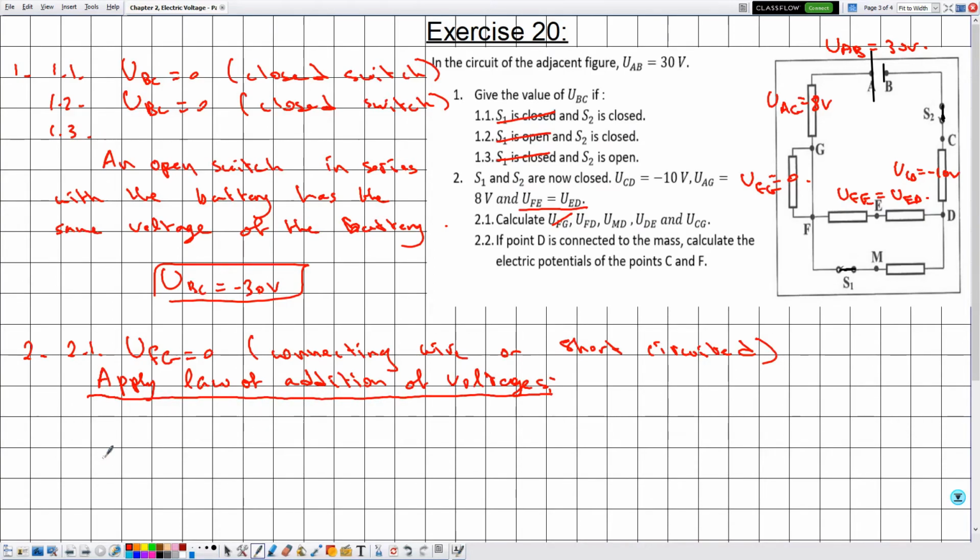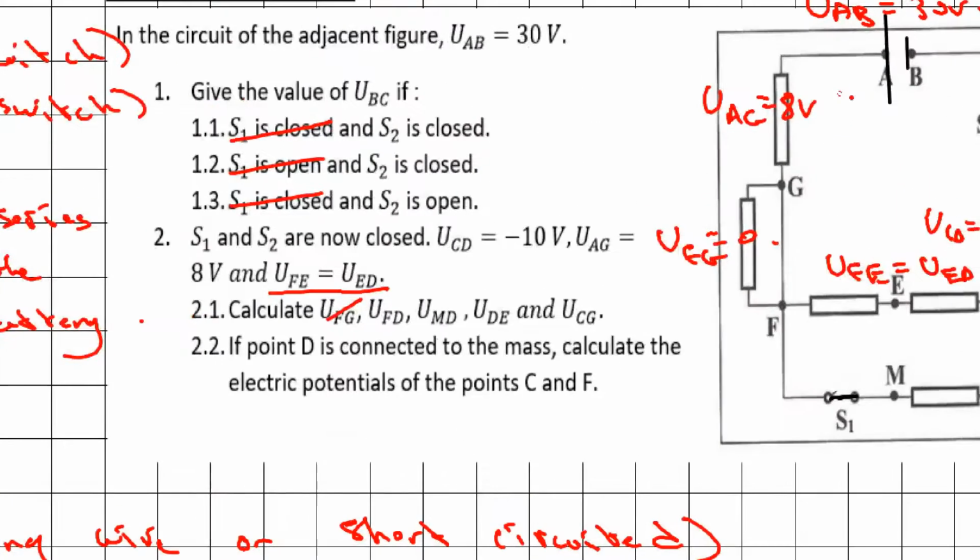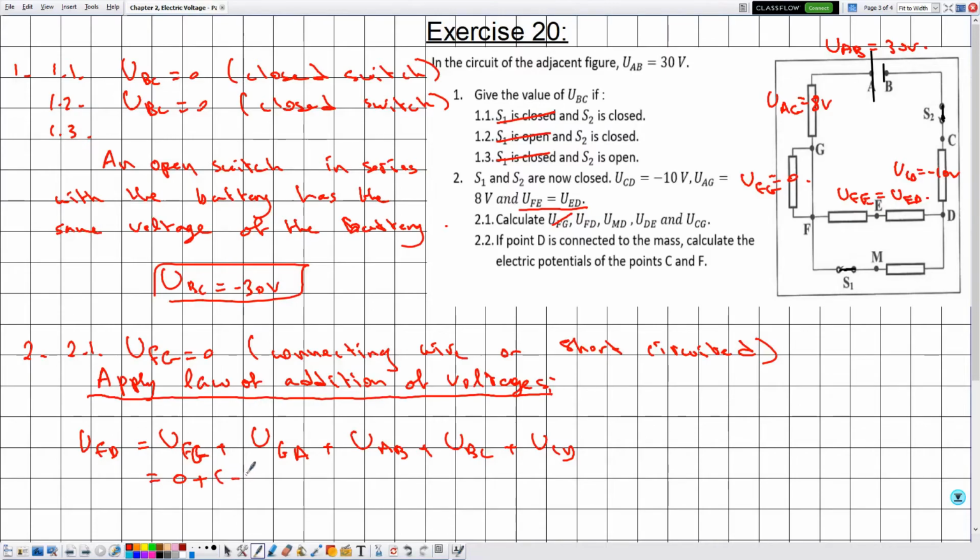So we are interested in determining UFD, putting it on the left and going from F to G, G to A, to B, B to C, and C back to D. Now UFG is equal to 0 justified previously. UGA, if UAG is 8, then UGA is minus 8.